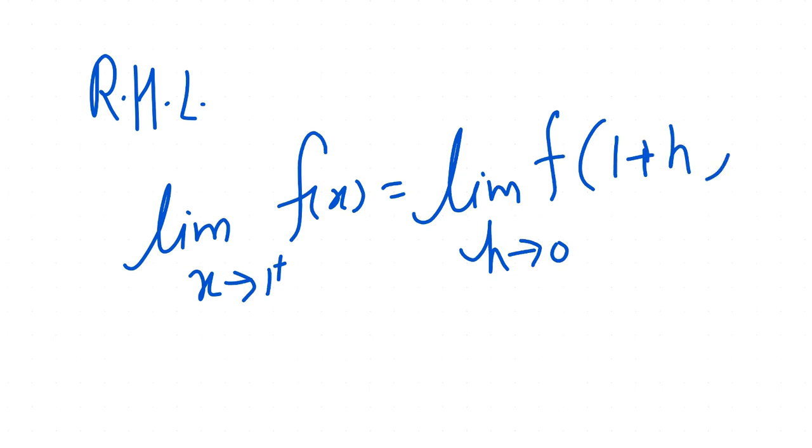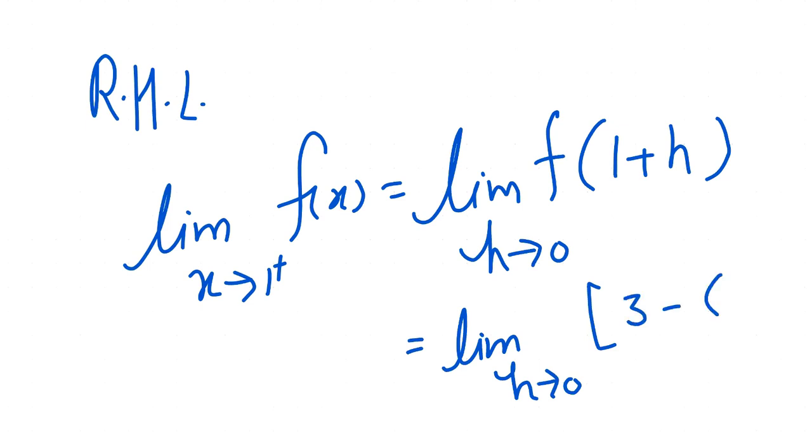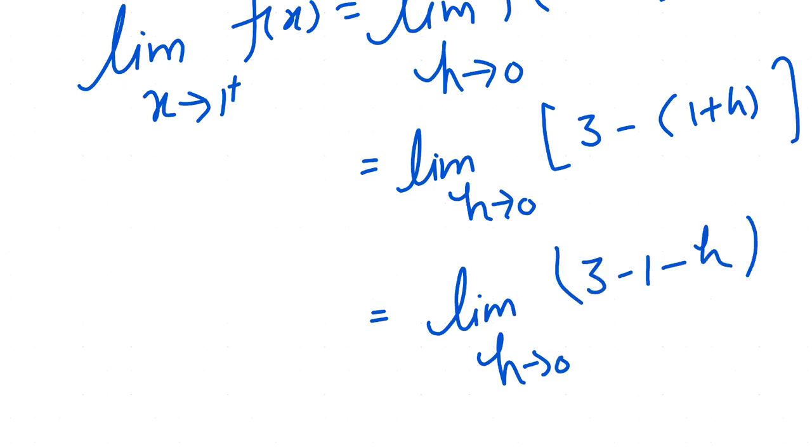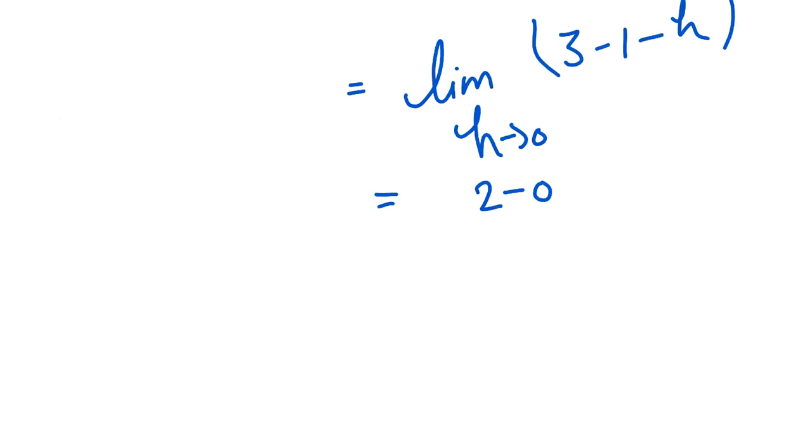Whatever value we have here, we will take together with this h. Limit h tends to 0, 3 minus 1 plus h, so we will have limit h tends to 0, 3 minus 1 minus h. Now let us put the value of h: 3 minus 1 is 2, and the value of h is 0. So RHL is 2.